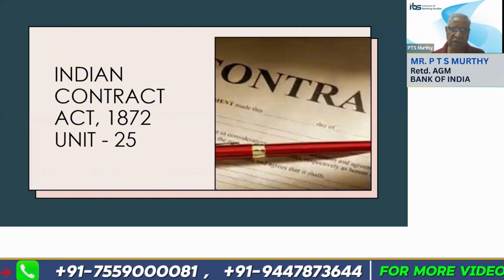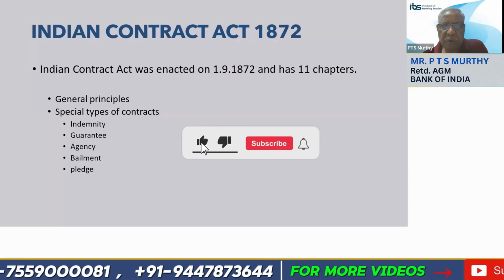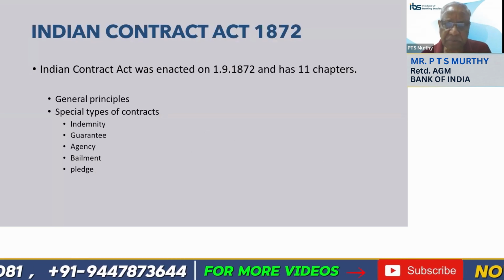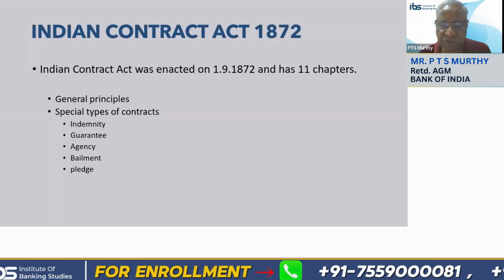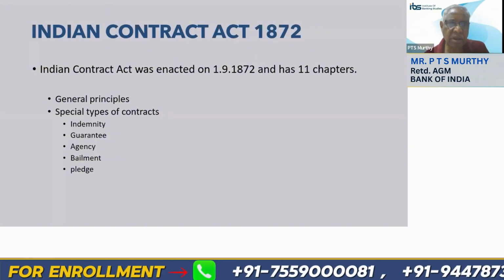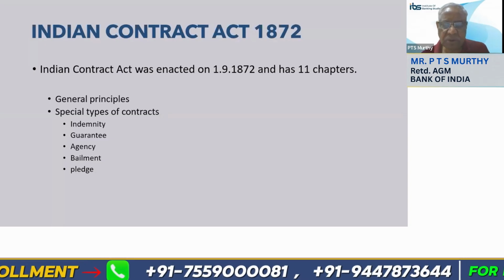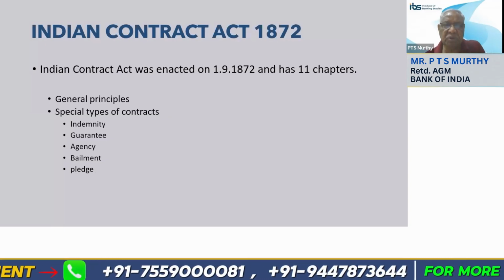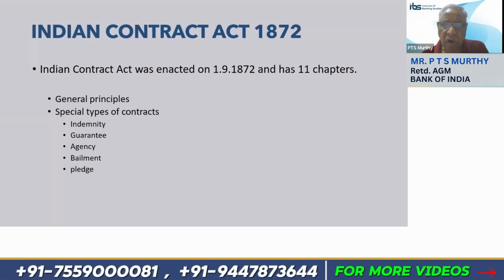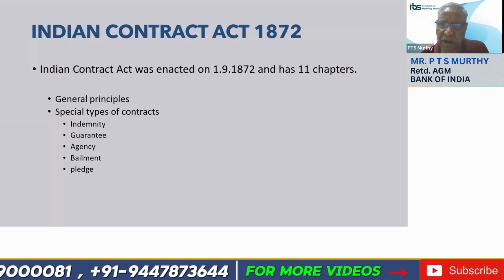First, we start with the Indian Contract Act 1872, Unit 25. This Act has two important segments: general principles and special types of contracts. In general principles, the Contract Act speaks about how a contract has to be made, what the prerequisites are, what void contracts are, which parties are eligible to enter into a contract, and what the obligations of the parties are.